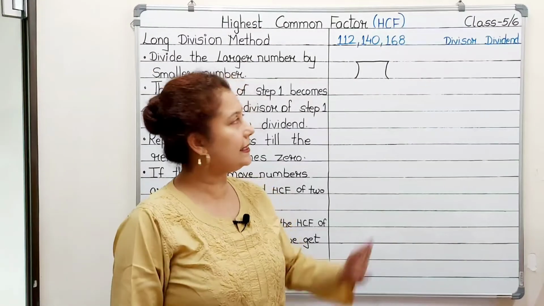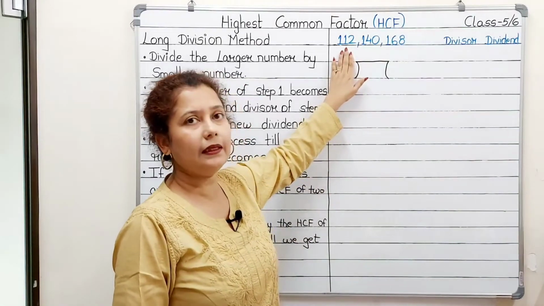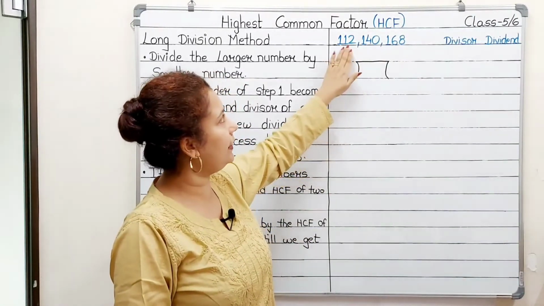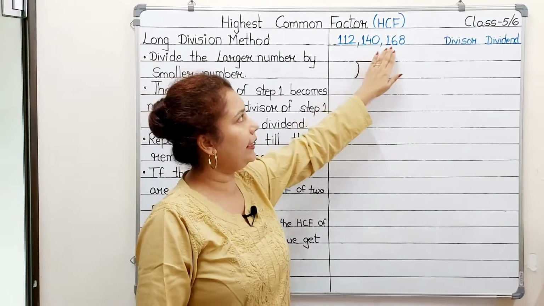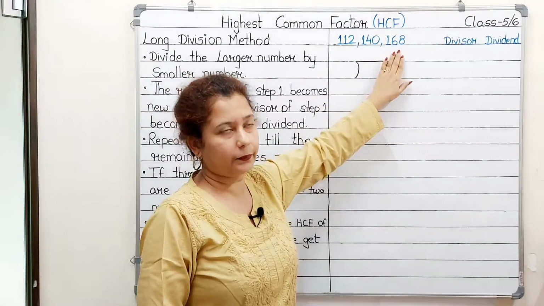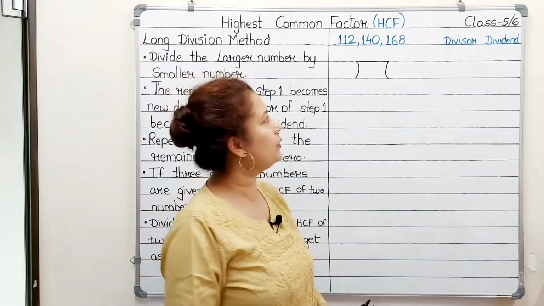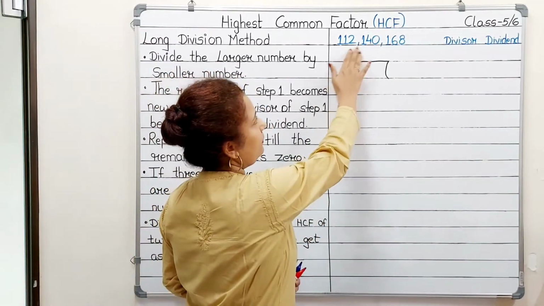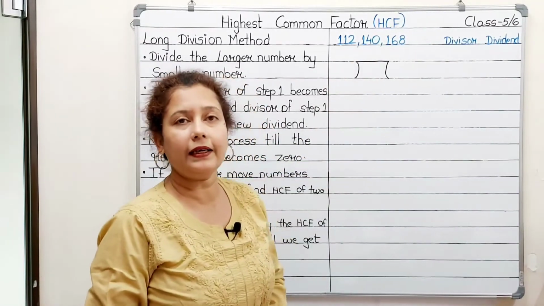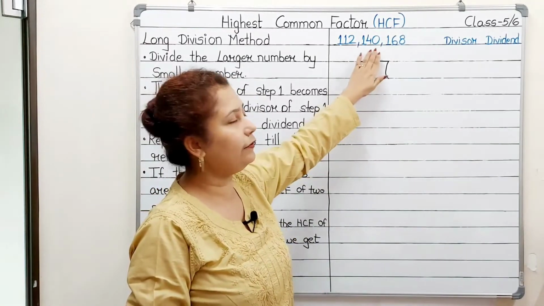Now we will find HCF of three numbers. The given numbers are 112, 140 and 168. So out of those three, we will take any two numbers. So I will take 112 and 140. 112 is smaller than 140.